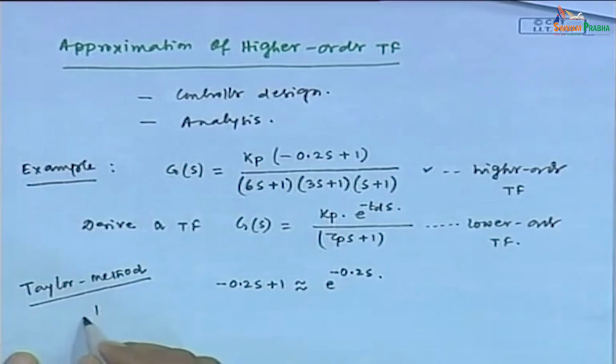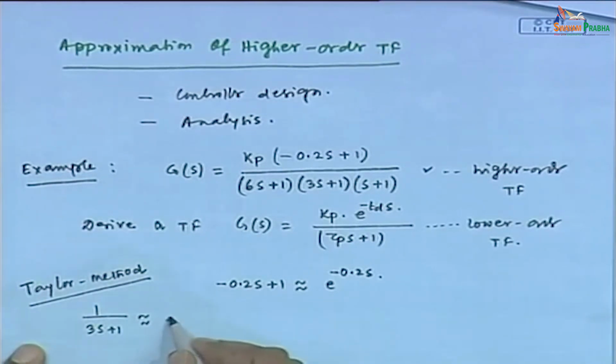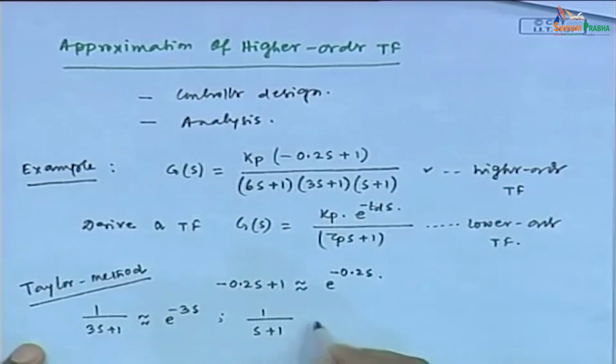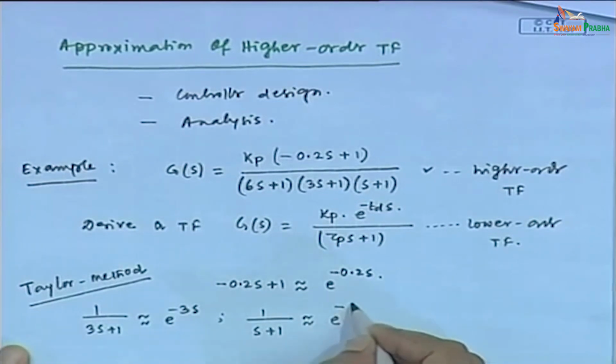Similarly, we can write 1 divided by 3s plus 1 approximately equal to exponential of minus 3s. Again, we can write 1 divided by s plus 1 equals exponential of minus s. Fine.